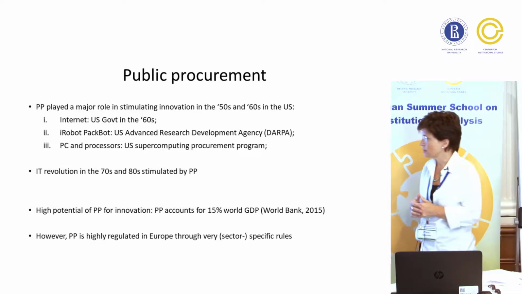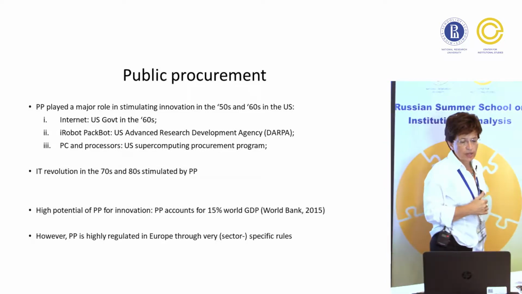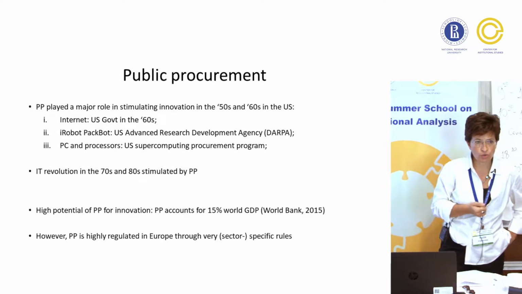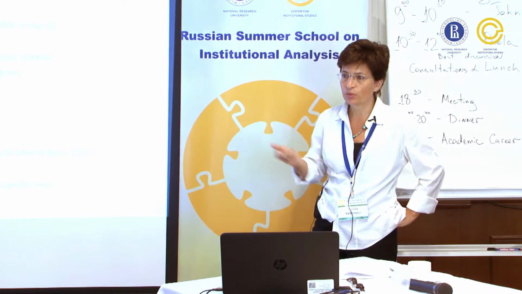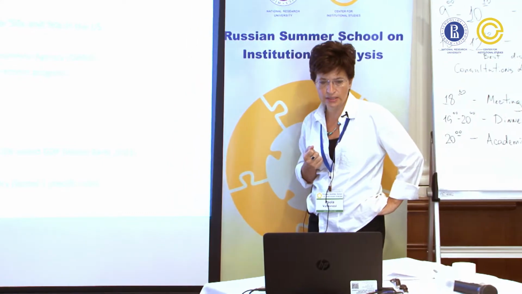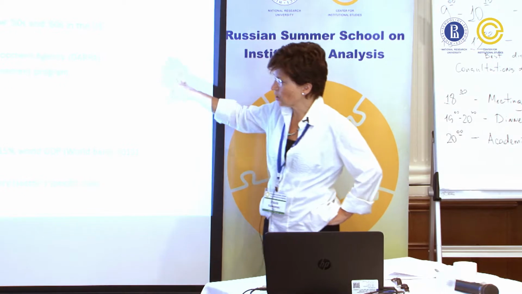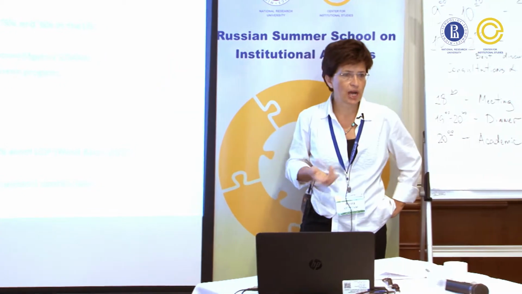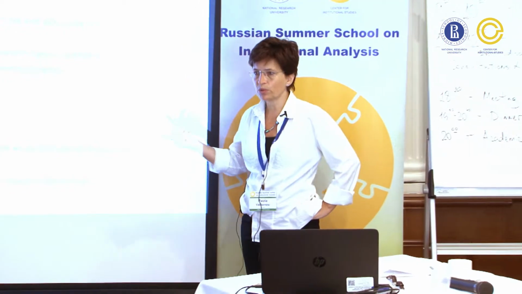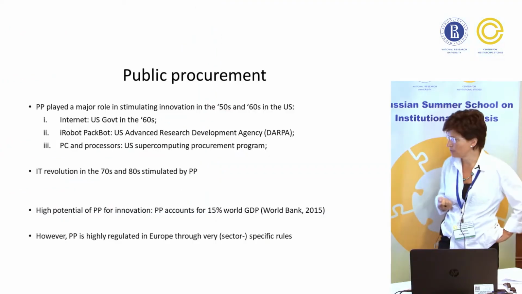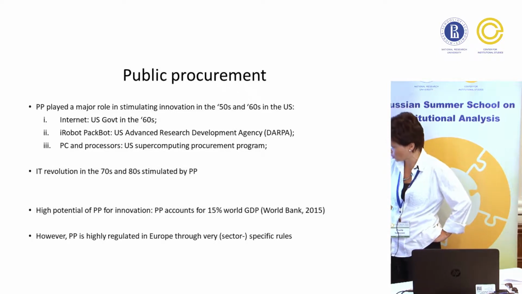And moreover, in the 70s and 80s, the IT revolution was really stimulated by public procurement, again in the US. So we have a lot of elements which really support demand policy through public procurement in implementing larger investment in research and development.